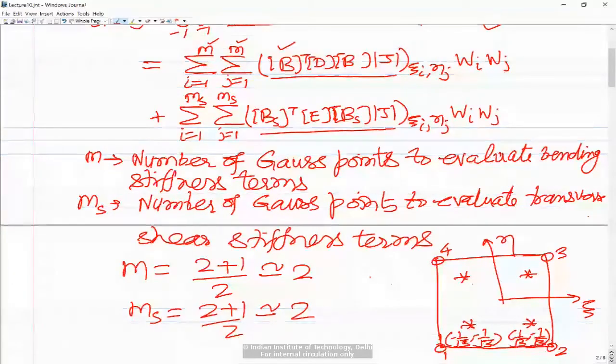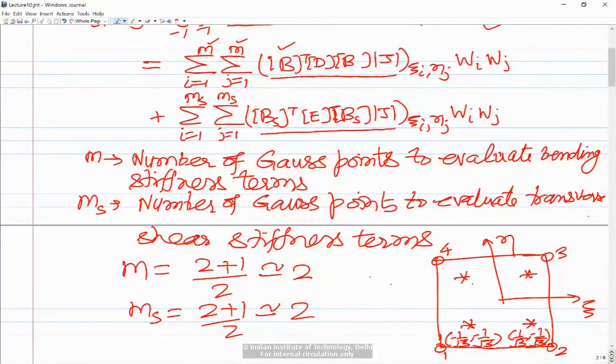But if the element is not a rectangle in the physical coordinate space, that is the xy coordinate space, then J will also be a function of xi and eta. But we still use 2 points because we have this m actually as 1.5. Since we are using a higher number, it accounts for J being a function of xi and eta.